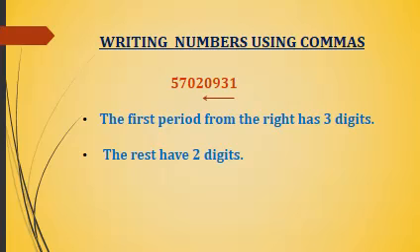Therefore, start from the right side. Count 3 places: 1, 10, 100. Put a comma. Then the next period, thousands period. Put a comma there. Then the next period, lakhs period. Put a comma there. Therefore, we can write the above number using commas as shown below.